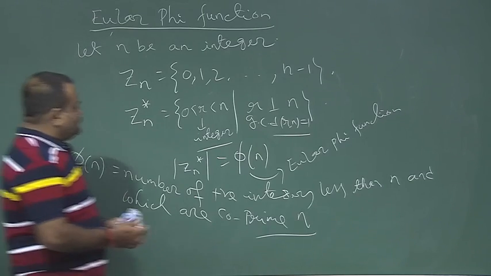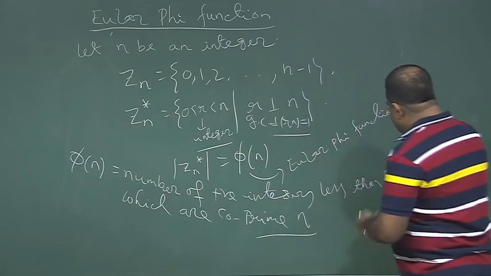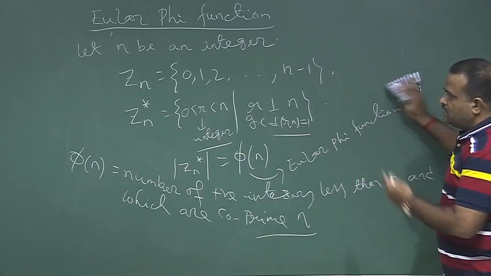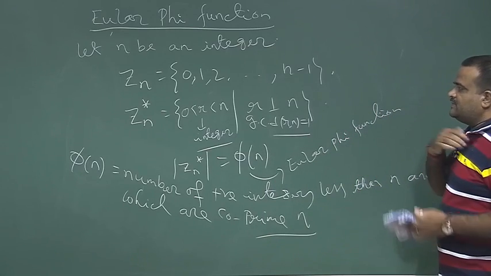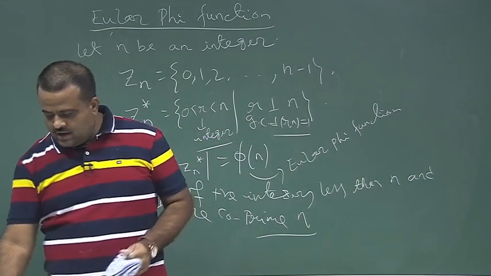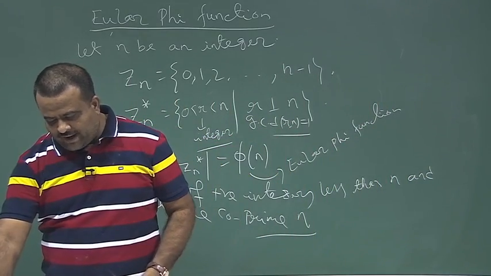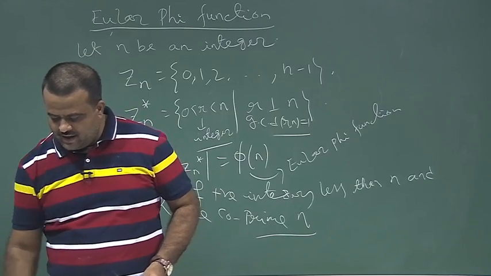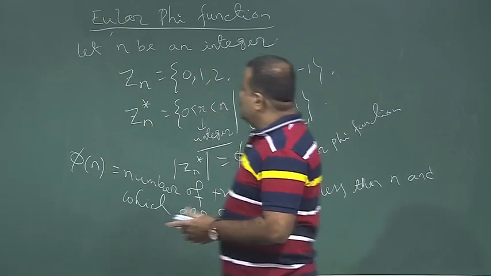Okay. Now we want to know the number of elements, I mean we want to know phi n in general, what is phi 7, what is phi 8, what is phi 9 in general. So, if n is a prime number, okay, then we know phi n.